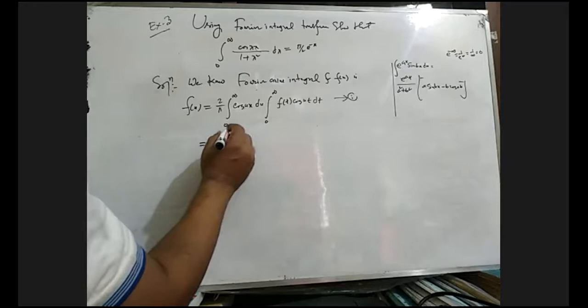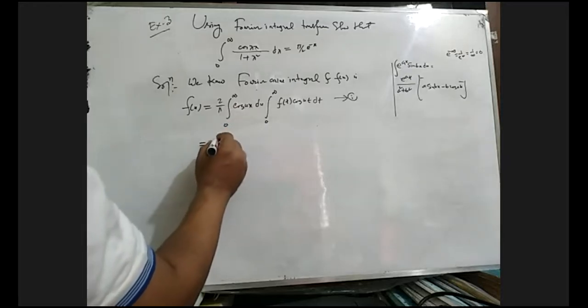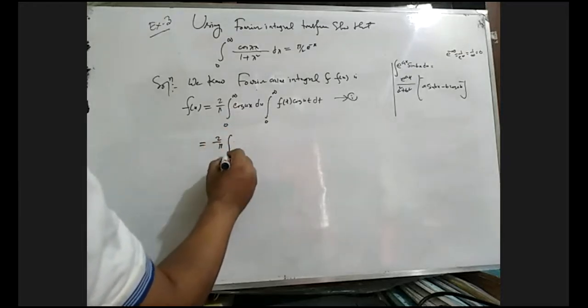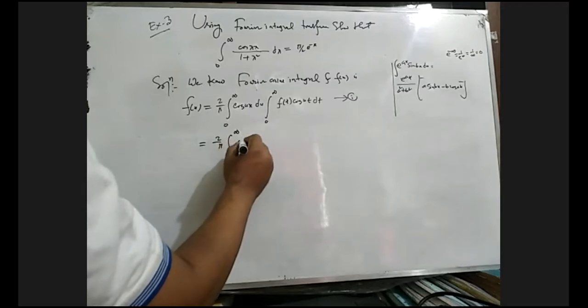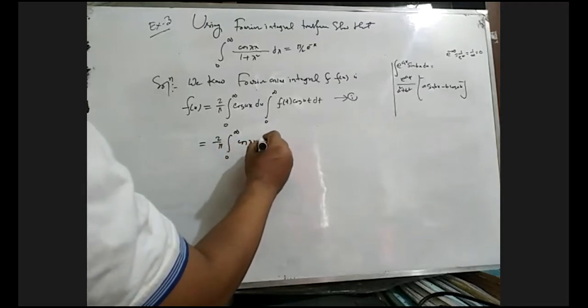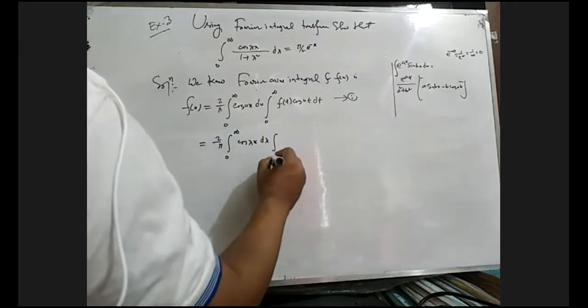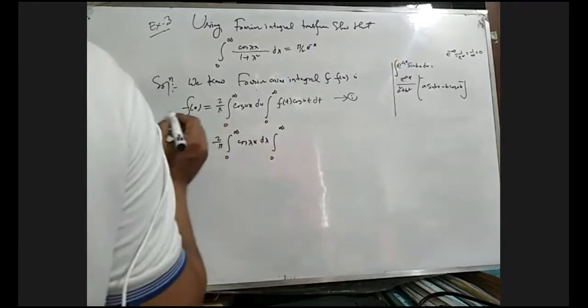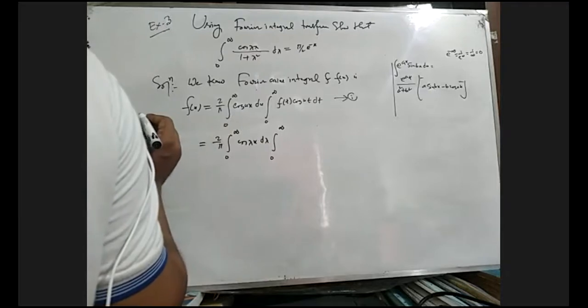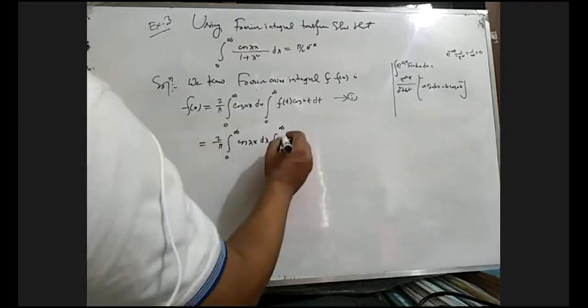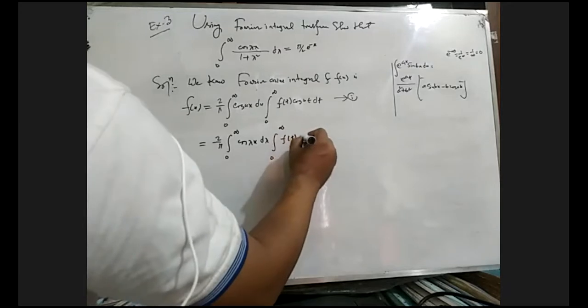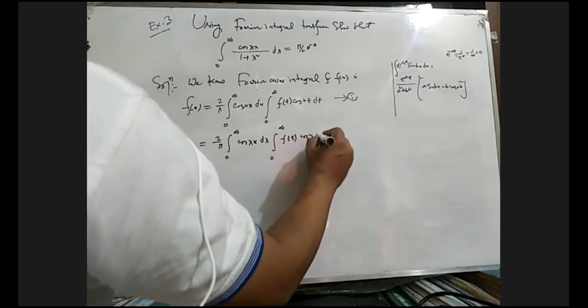Now replacing u by lambda: 2 by pi integral 0 to infinity cos lambda x d lambda, and integral 0 to infinity f of t cos lambda t dt.